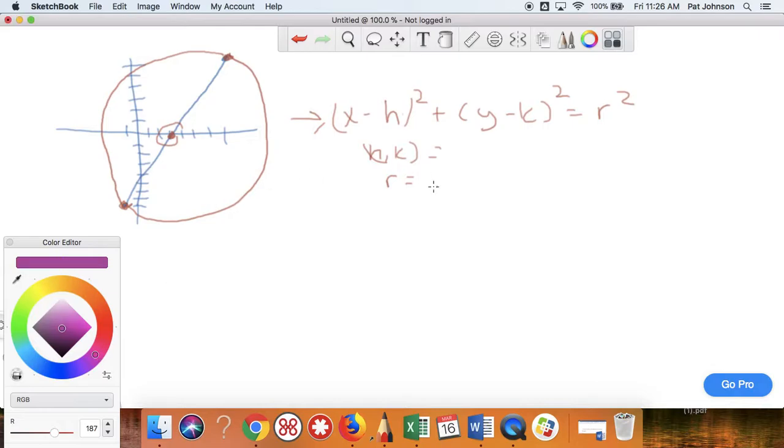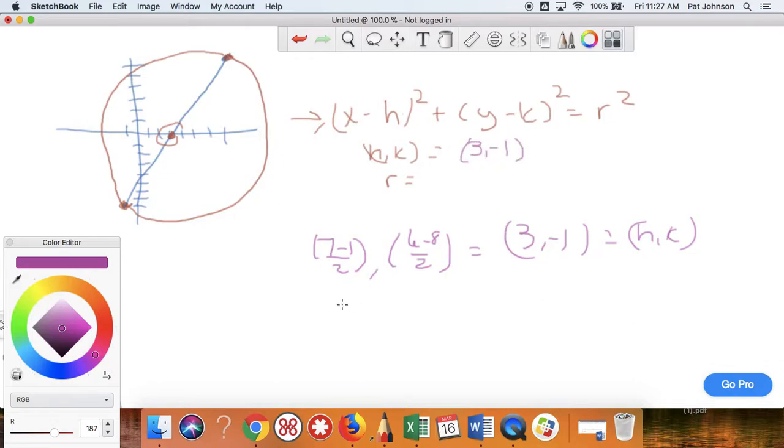I was given the 2 points, so I can use the midpoint formula, and I get 7 minus 1 divided by 2, comma 6 minus 8 divided by 2, and this equals 3, comma -1. That is my H, K. There's my center.